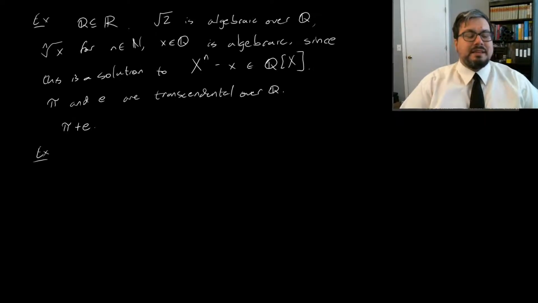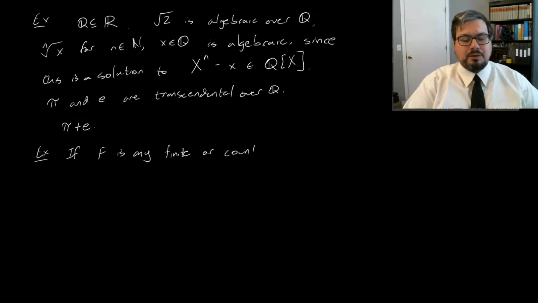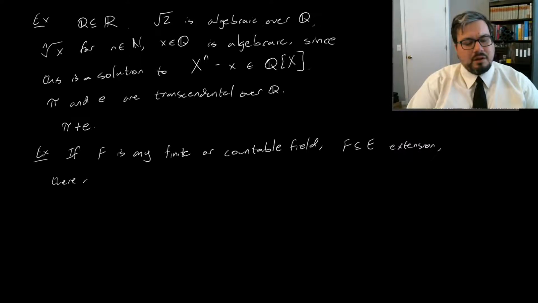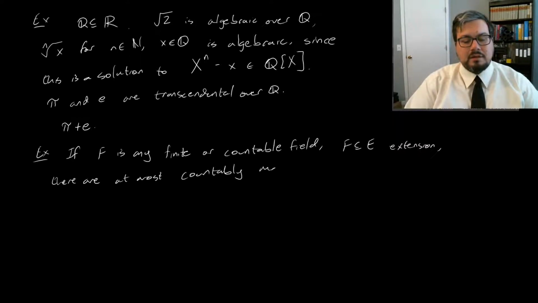There's an argument in the notes where you can see that, but in particular, if F is any finite or countable field, and it has any extension, then there are at most countably many algebraic elements.